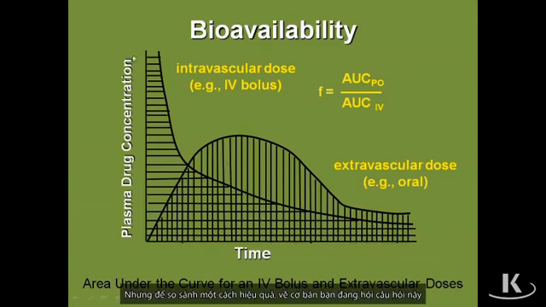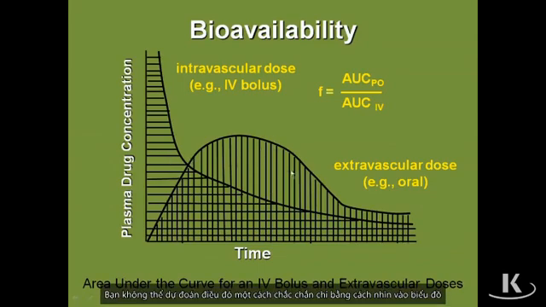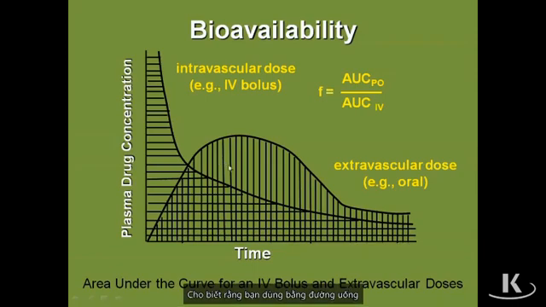But in order to effectively compare, you're basically asking this question: does this shaded region equal this shaded region? Or at least does this region here come close to an IV administered dose? And you can't predict that with certainty by just simply looking at the graph, but just visually you would say that those are pretty close, indicating that your orally administered dose is pretty close to your IV. In other words, it's pretty close to 100%.